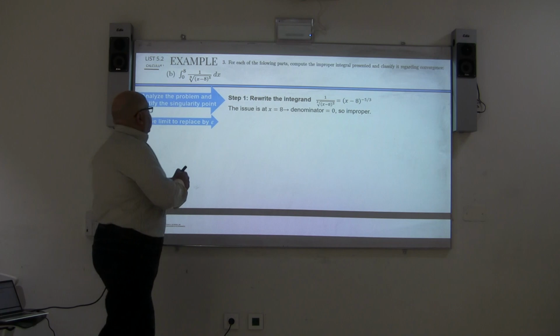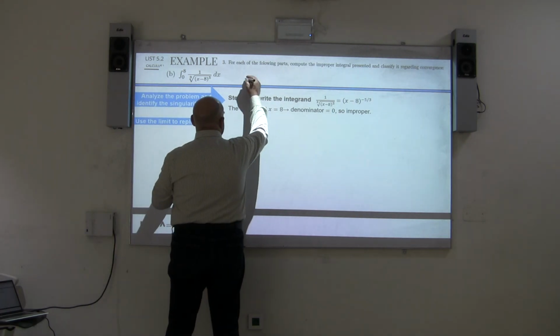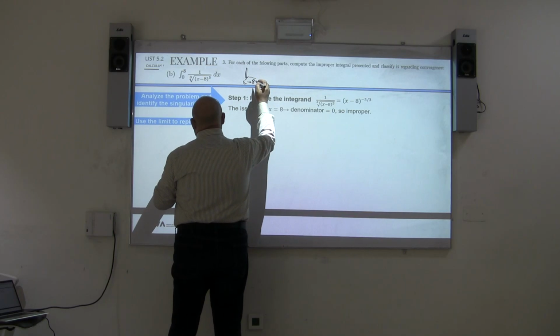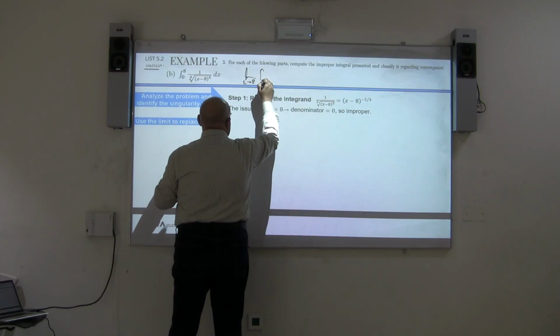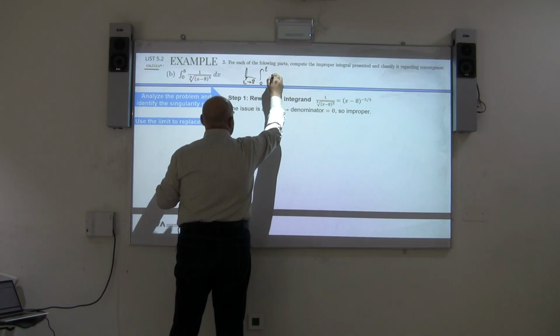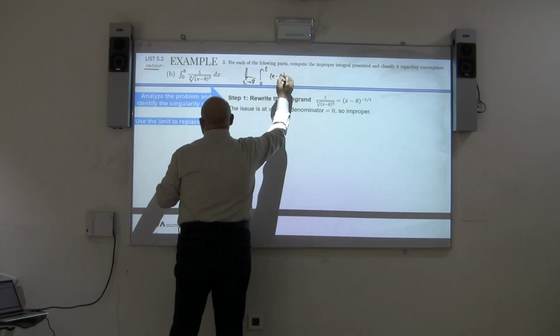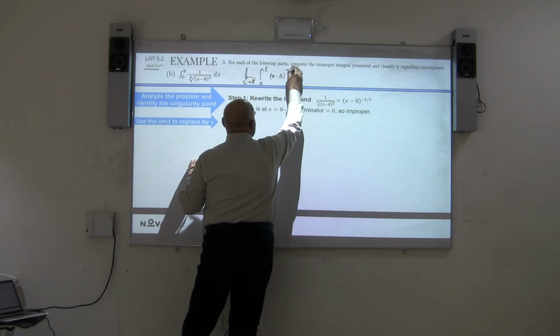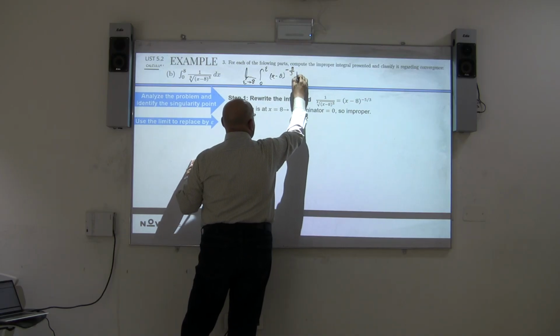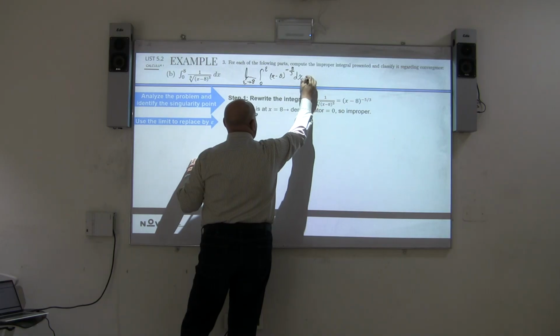I will take the limit as epsilon tends to 8 of the integration from 0 to epsilon of x minus 8 to the power of negative 5 over 3 with respect to x.